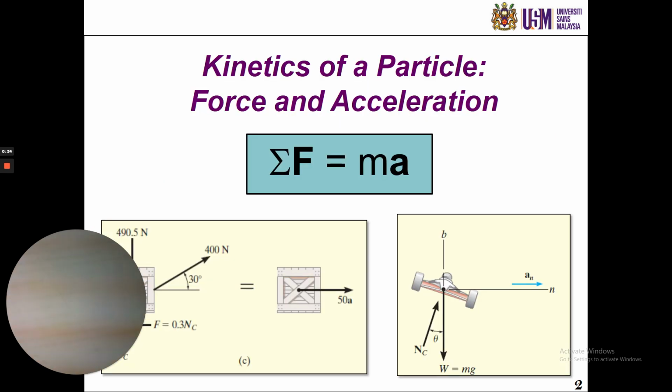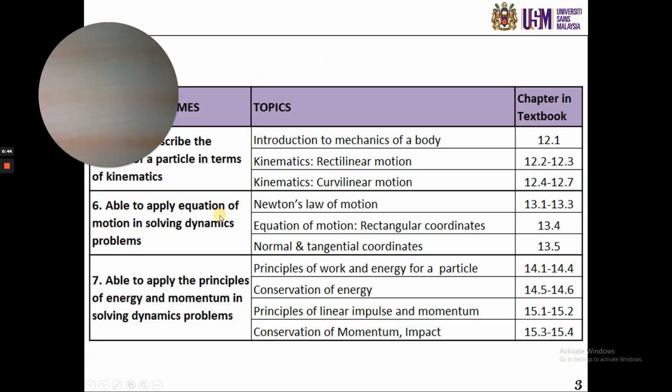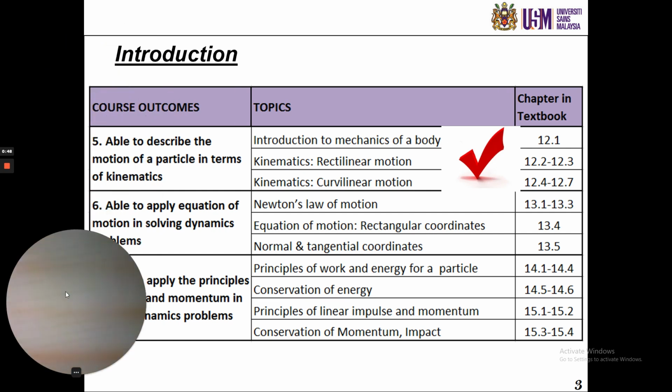Alright, so today this lecture is based on Newton's second law, which is sum of force equals ma. So this is where we are now. We've done all of course outcome number 5, which is being able to describe the motion of a particle in terms of kinematics.